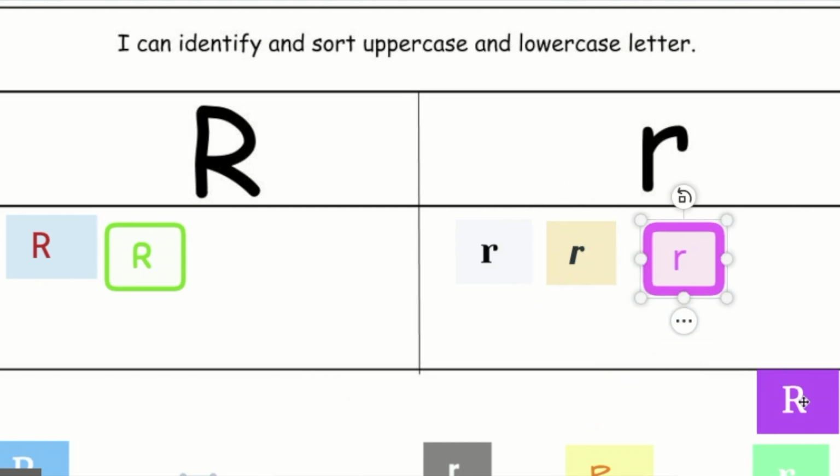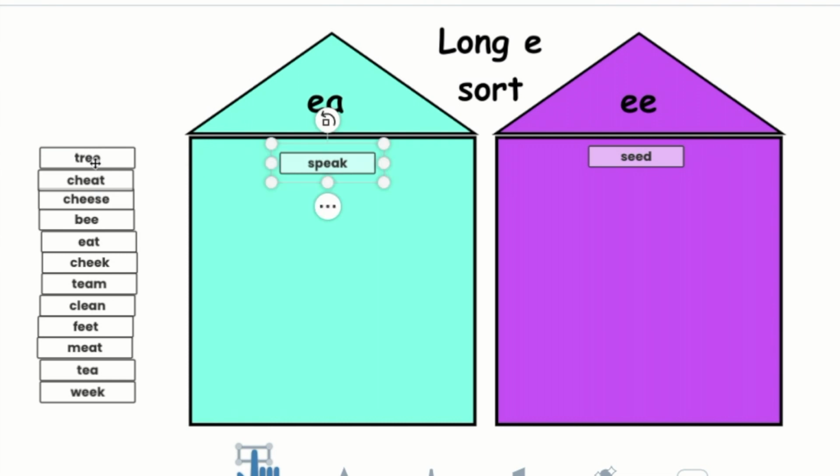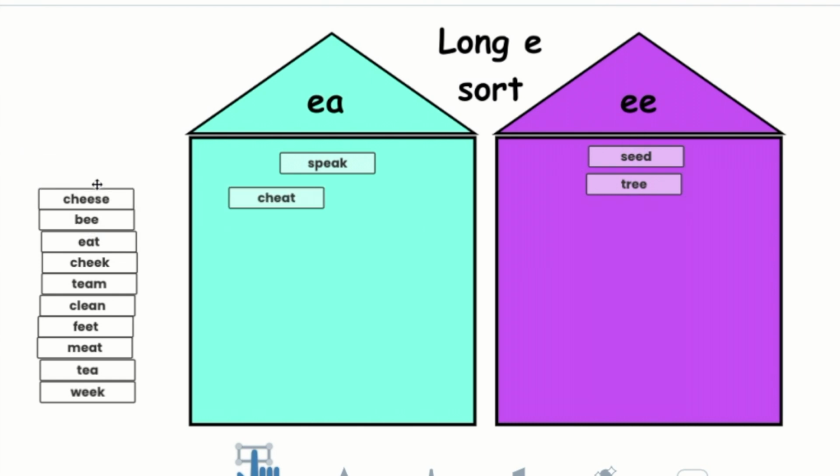With older children or with children who have matured already in their phonological awareness and are ready for a bit more of a challenge and have shown that they understand the alphabetic principle very well, you can start doing spelling sorts to teach them different spelling patterns in words. It's a really great way for our children to visually see how these words are different and what the pattern is with that spelling.